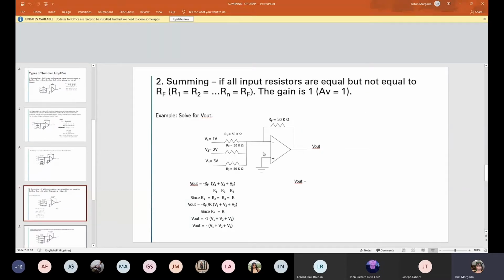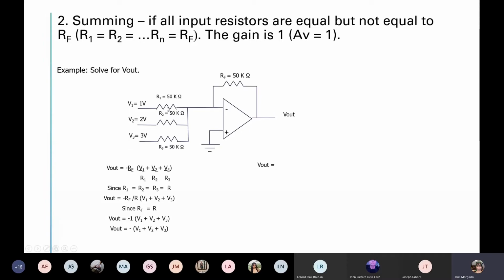Naka-upload na rin yan. Okay, second category for summing op-amp is summing. When we say summing, we just simply add input voltages. This is only possible if all resistances are equal: R1, R2, R3, and RF.